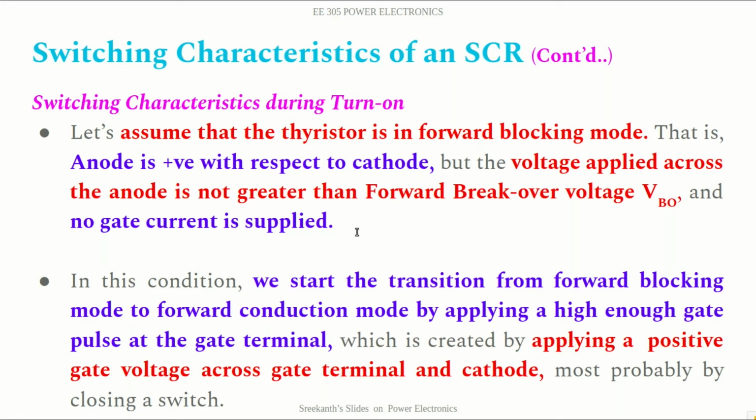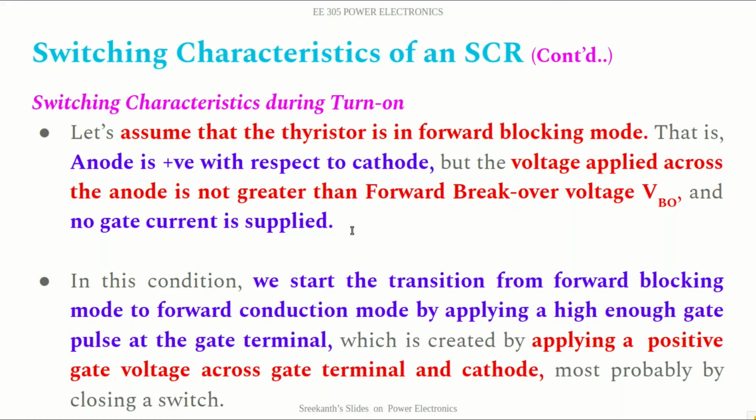Moreover, there is no gate current supplied. Now in this condition we start the transition from forward blocking mode to forward conduction mode by applying a high enough gate pulse, which is created by applying a positive gate voltage across the gate terminal and the cathode, most probably by closing a switch.